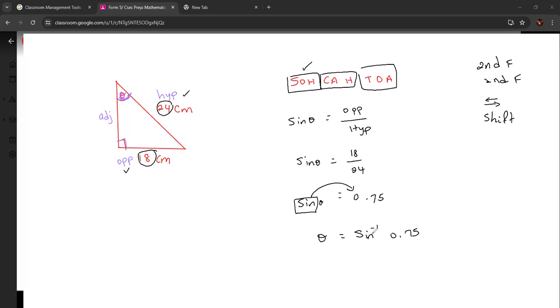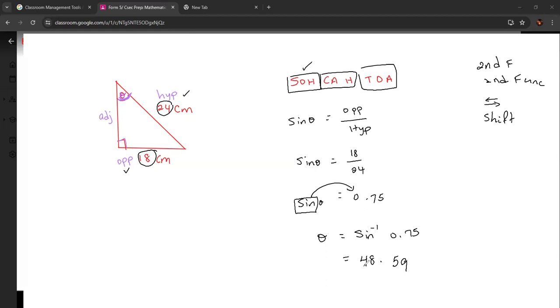But because it's sine, we press sine. We're pressing second function or shift. And once you do that, you put in the value of the angle. And I got sine inverse of 0.75 as 48.59, so on. Right, so 5903, you round it up to how much they say.